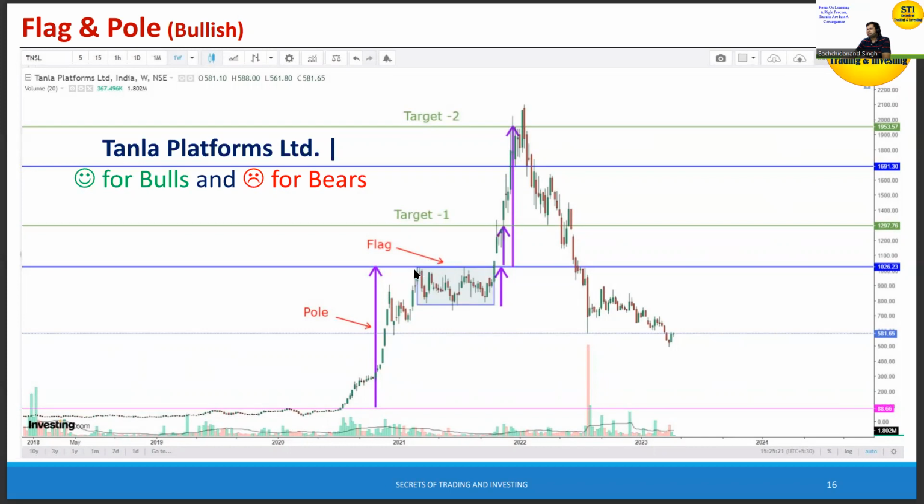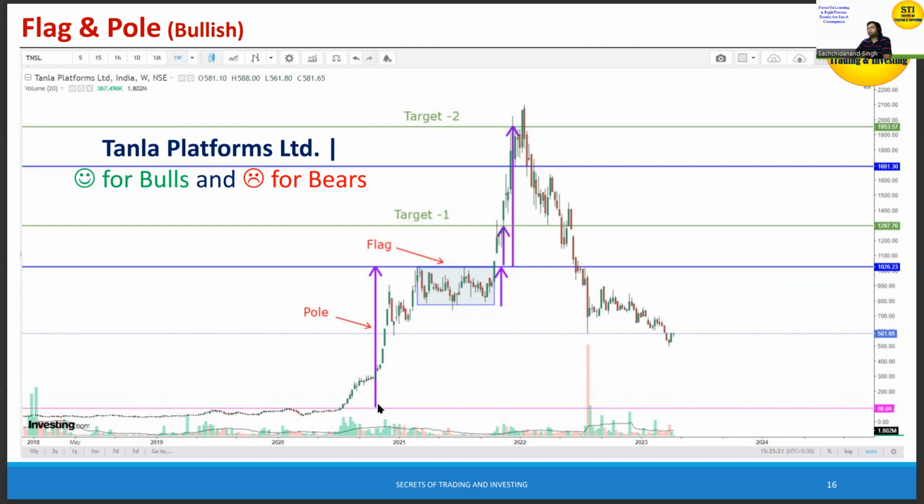If we connect all the tops and all the bottoms, sometimes it will form a square, sometimes some kind of triangular shape, or it could be a rectangle. That formation is called a flag.